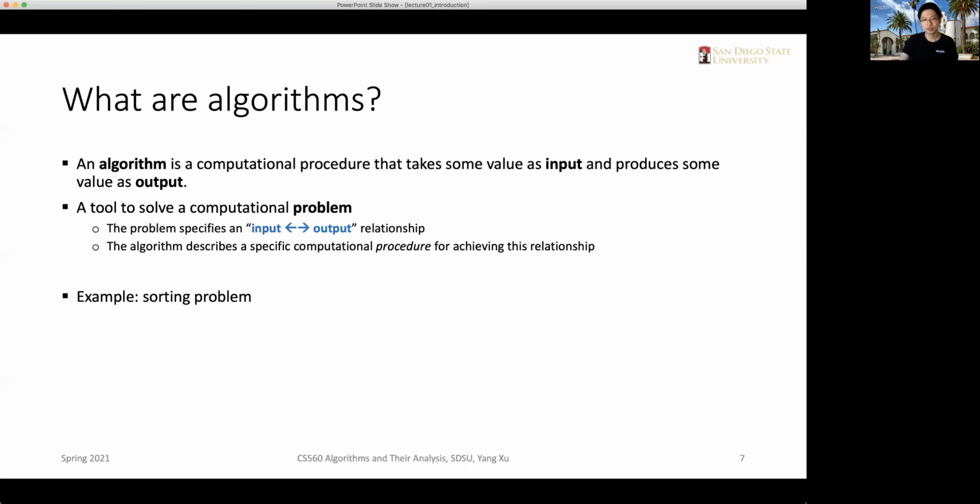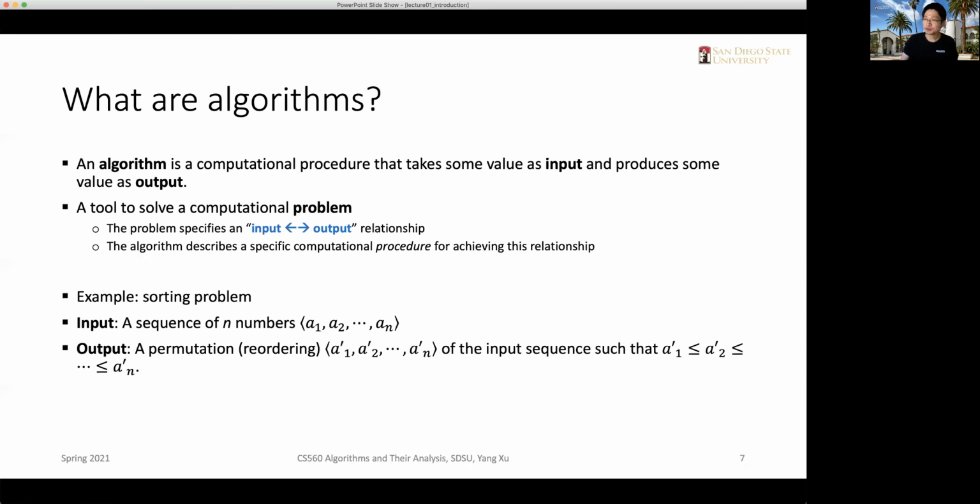Let's look at a very classical sorting problem as an example. In a sorting problem, the input is always a sequence of numbers. Given n numbers, A1 to AN, these can be integers or floating point numbers or whatever numbers that can be sorted.